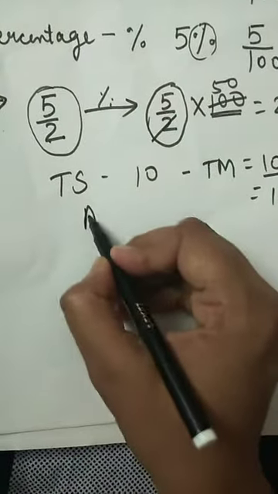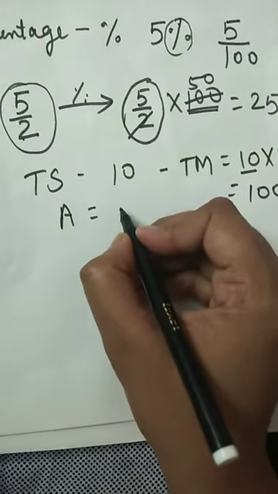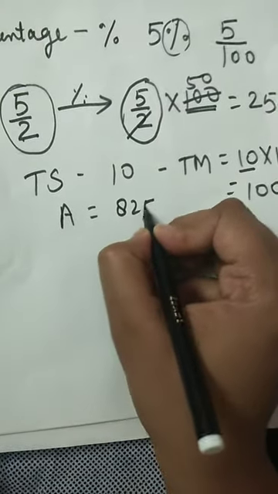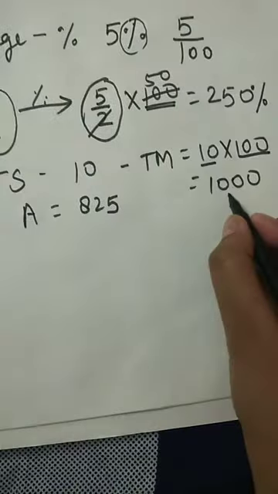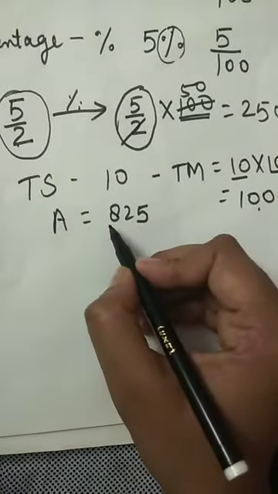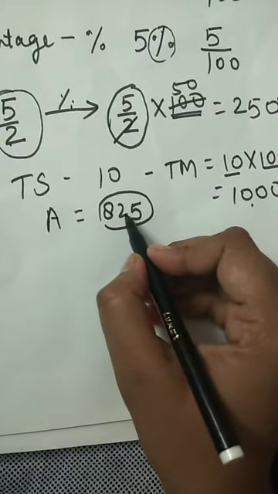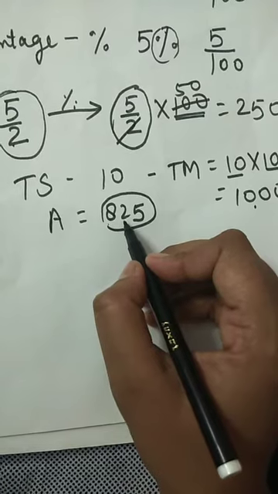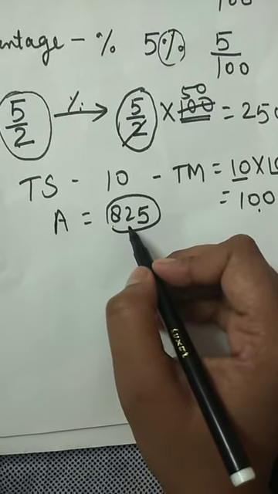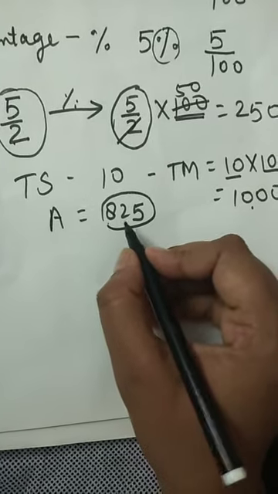Now suppose a student A got 825 marks out of 1000. So how will you take out your percentage? This is student A who got 825 marks, and this is the sum total of every subject, for example Hindi, Maths, Physics, English, SST.